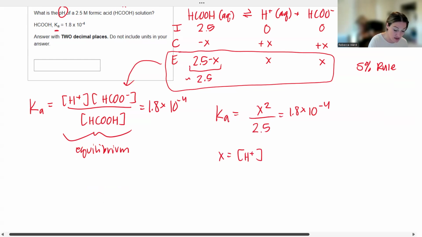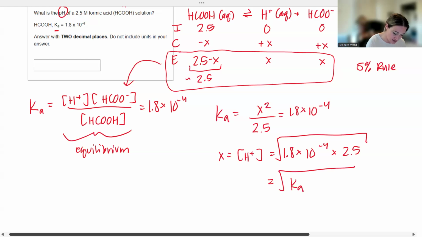x equals my H plus concentration. It also equals my A minus, or my HCOO minus, concentration. But since I'm trying to calculate pH at equilibrium, I'm thinking about this as H plus. So x equals the square root of 1.8 times 10 to the negative fourth times 2.5. So it's the square root of Ka times HA initial.